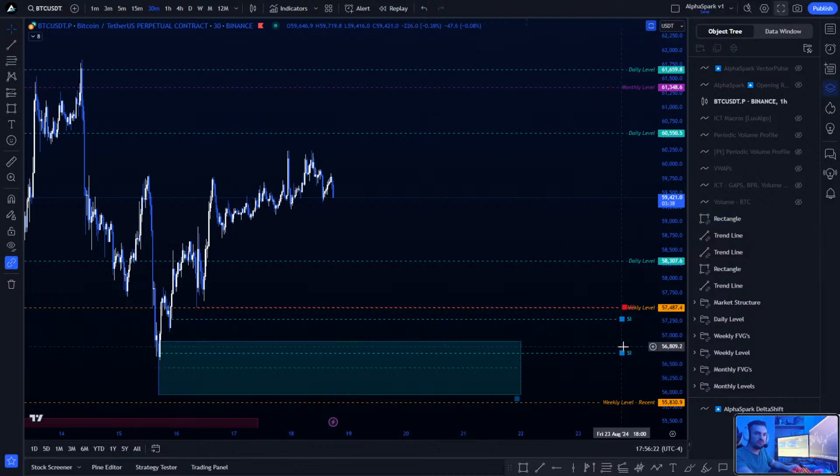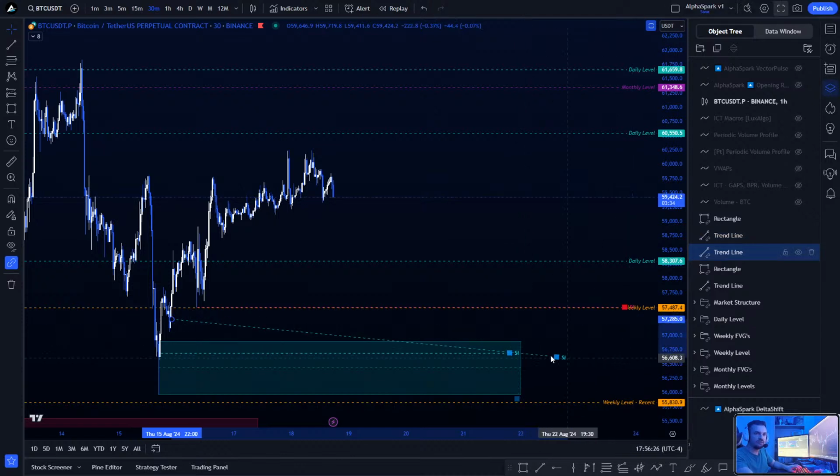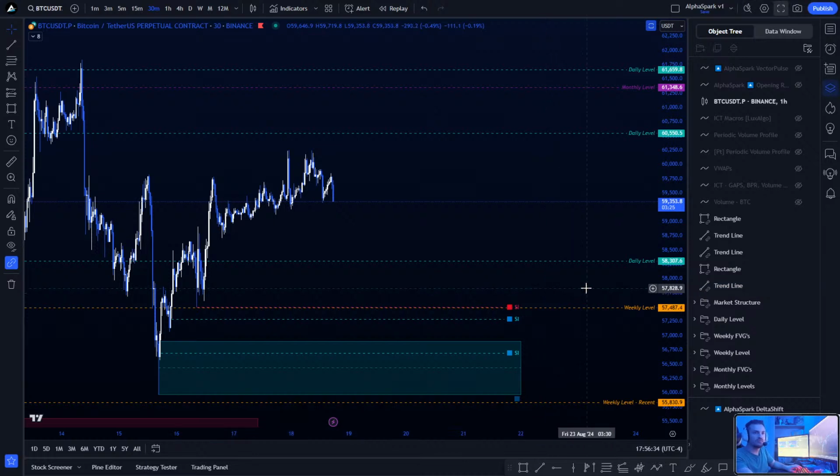For anyone wondering, I like to try and imagine where stuff would get hit depending on the weekly models. Because Wednesday a lot of times we reverse, it would be interesting to see that happen. I would like to see the stacked imbalance be hit, kind of like an SFP. I think that would be nice for an upwards move.